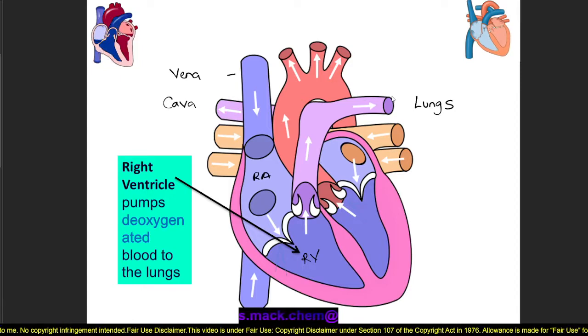The deoxygenated blood, which arrives at the lungs, is going to gain oxygen gas, and from the lungs it must now return to the heart.